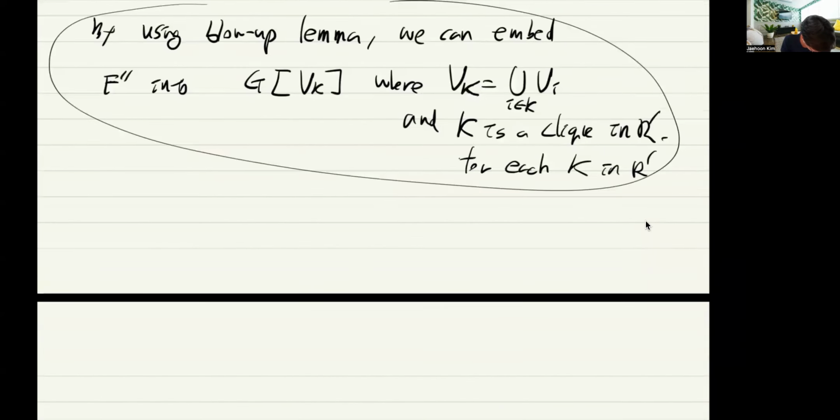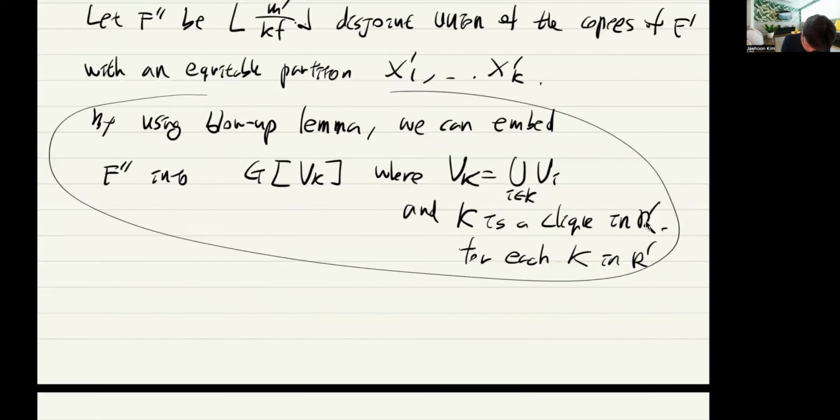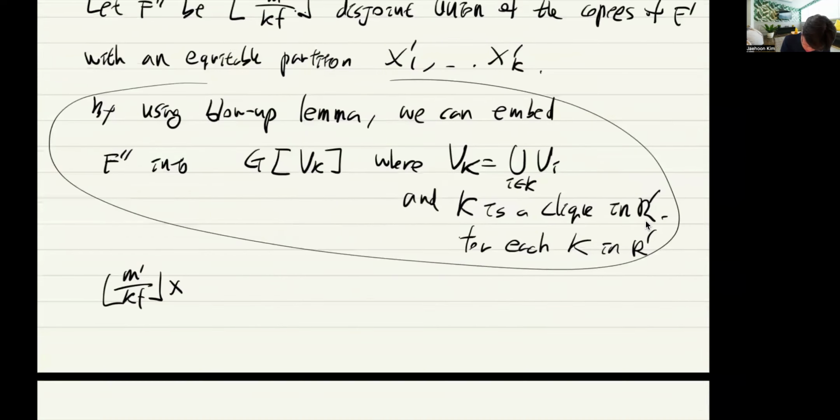Then what? How many copies have we, if we do that for each one of them, how many copies did we get? So this many, and for each of them we do that R over K prime.